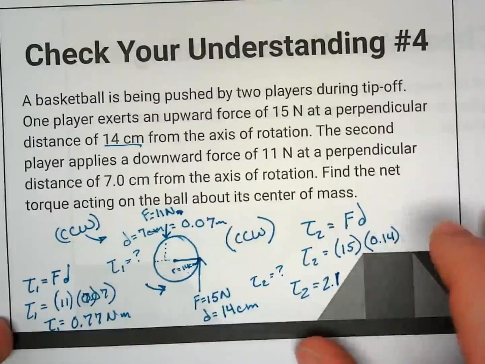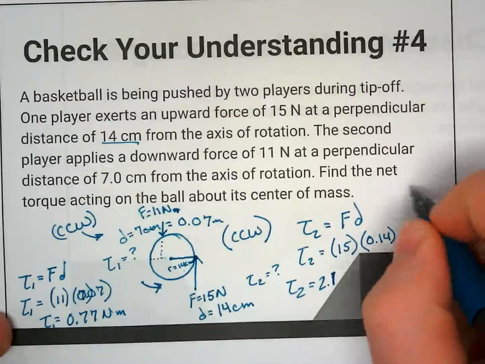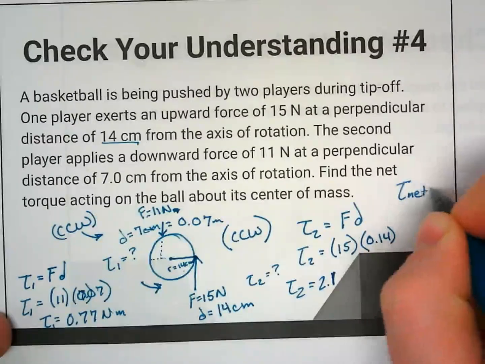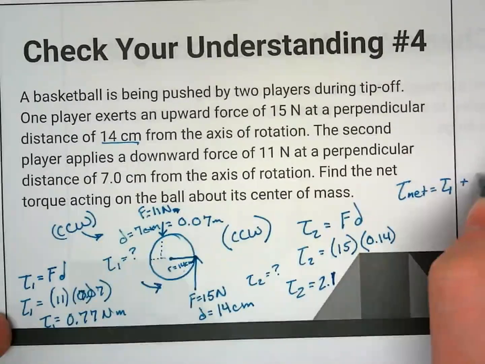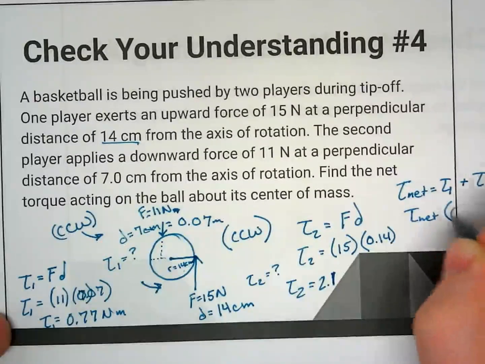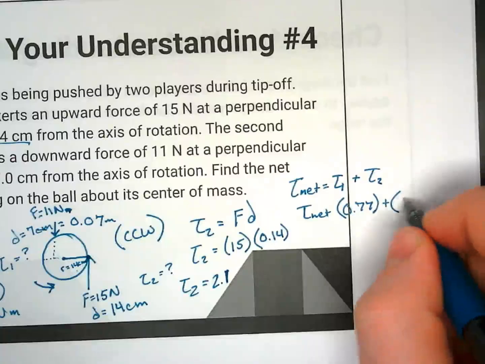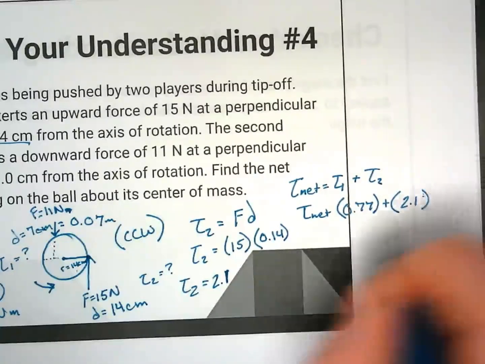So anyway, both these forces will make the ball move in the same direction, so we're going to just add them together. My net torque is going to be torque 1 plus torque 2, which is 0.77 Newton meters plus 2.1 Newton meters.